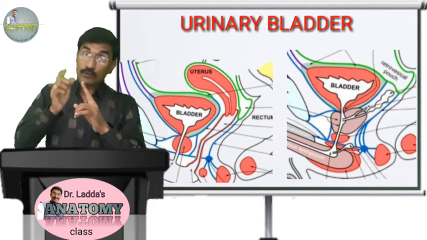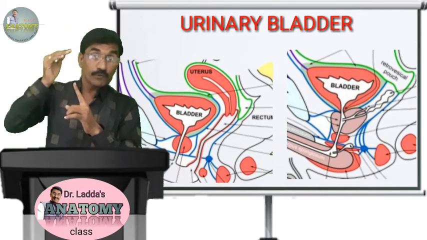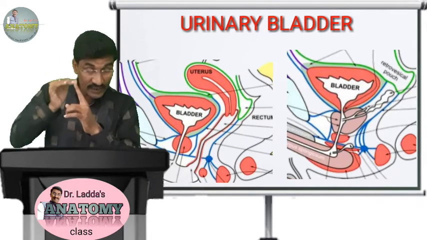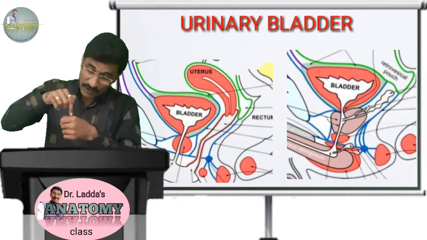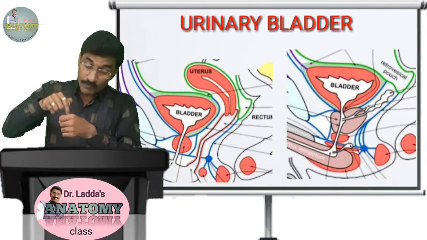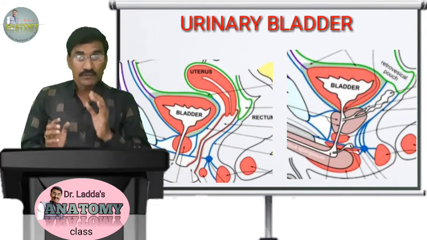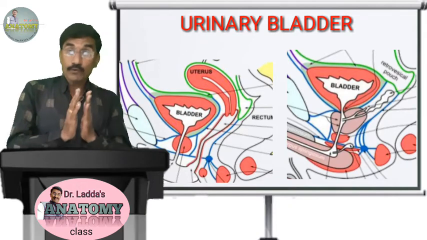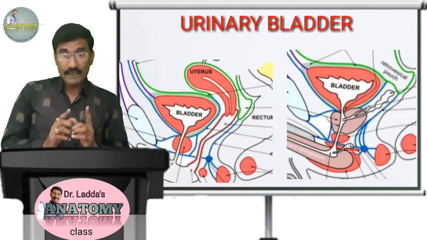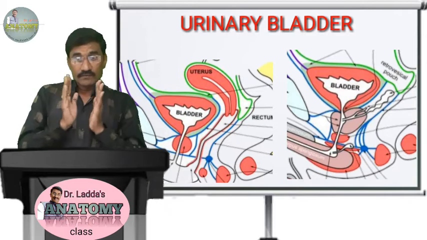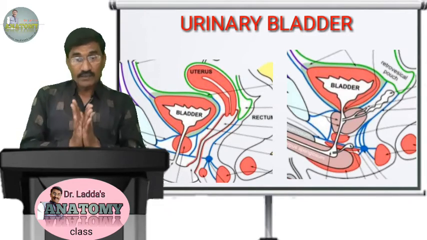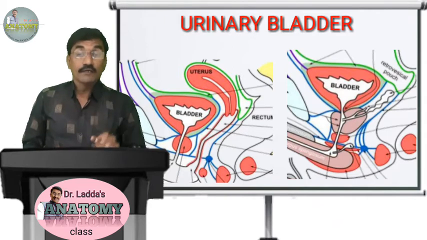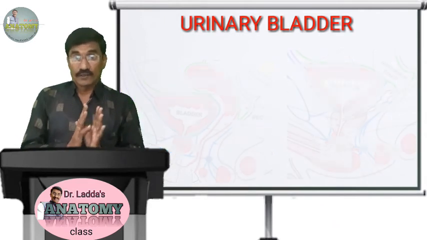Are you getting it? Pre-prostatic means the urethra which is above the prostate, before entering inside the prostate. After the internal urethral meatus, the urethra goes down, and before entering into the prostate, this part of the urethra is the pre-prostatic urethra, and it is related with the smooth muscle bundles surrounding the bladder and the pre-prostatic urethra.